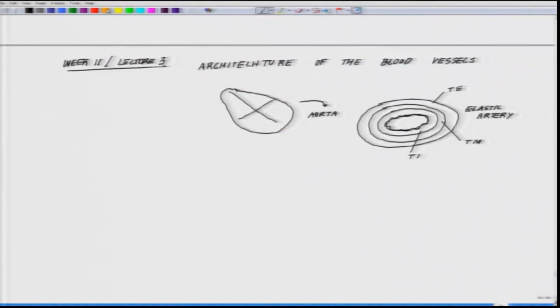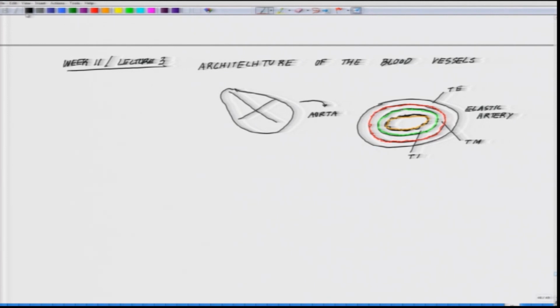This is where you have the endothelial lining, and here you have internal elastic layer, and here you have the external elastic layer, and these are called elastic arteries, which includes aorta.